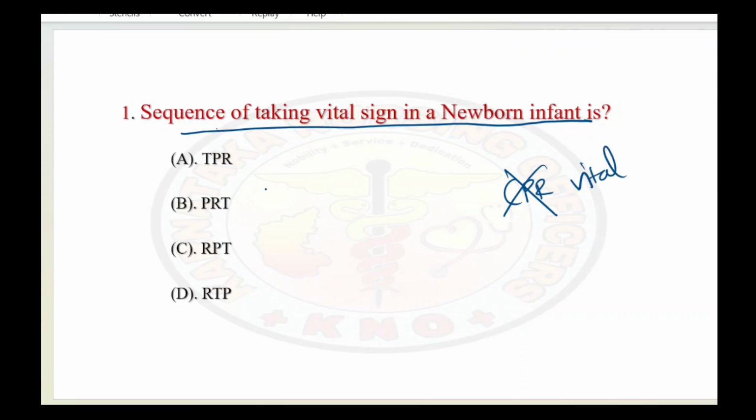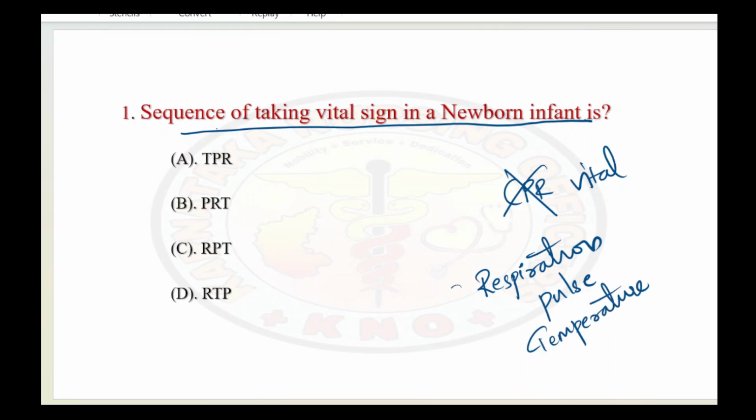So when checking the vitals in a newborn, we have to follow the sequence: first you have to see for respiration, then followed with pulse, and finally you are going to check the temperature. BP is not included in the newborn vitals. So these are the three important ones and in sequence we have to check.